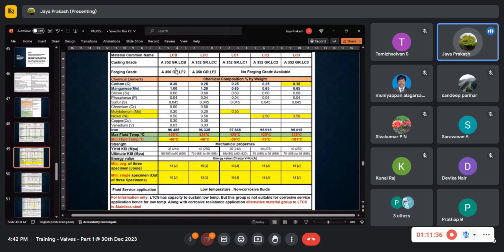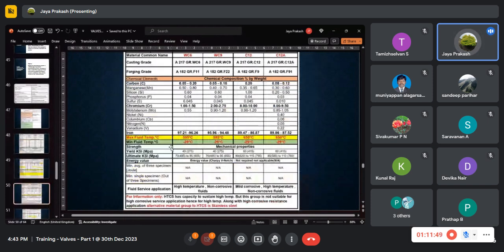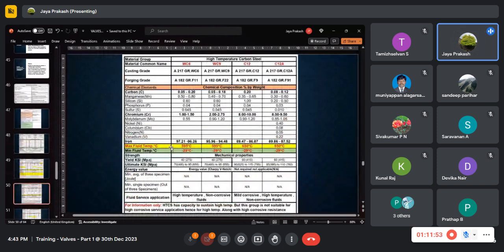The material grades are LCB, LCC, LC2, LC3, LF2 or something like that. You can keep this as a ready reference. This is high temperature carbon steel material. The casting grades are given, and the forging grades are also given in this table.